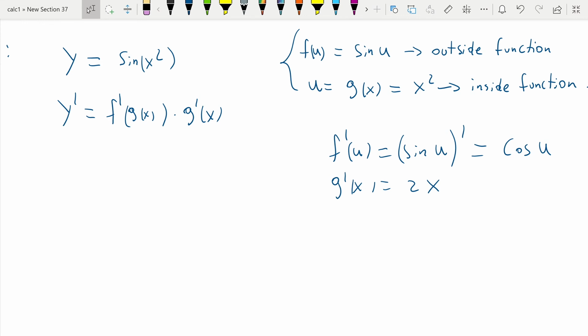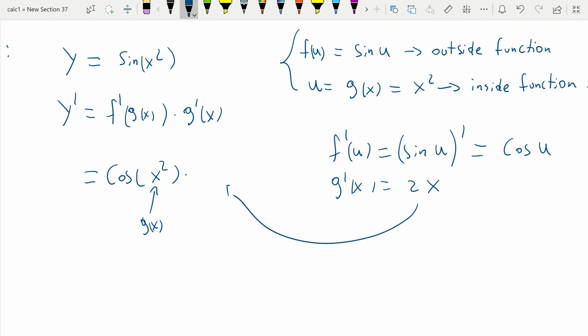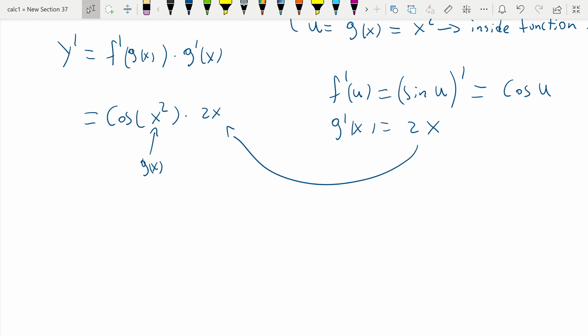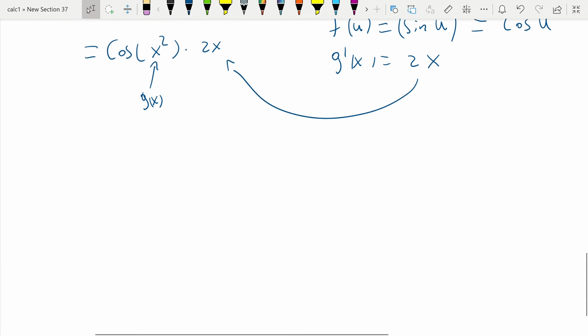So now, using this information, we get that y prime will be f prime, which is cosine of, and what we put inside is g of x, which is x squared, times g prime of x, which is just 2x.